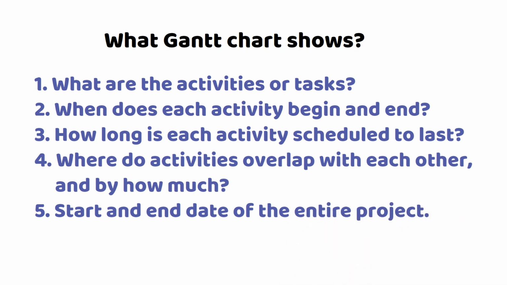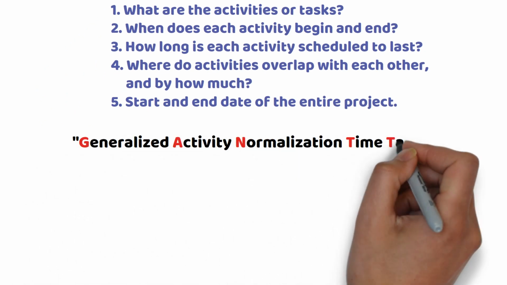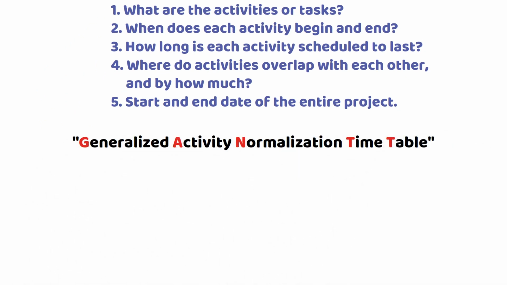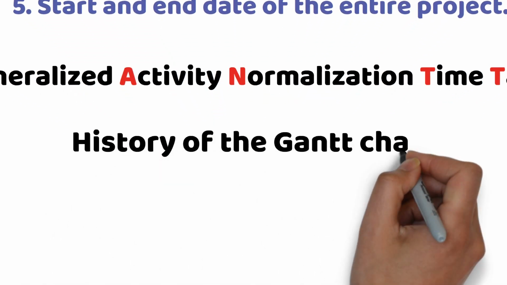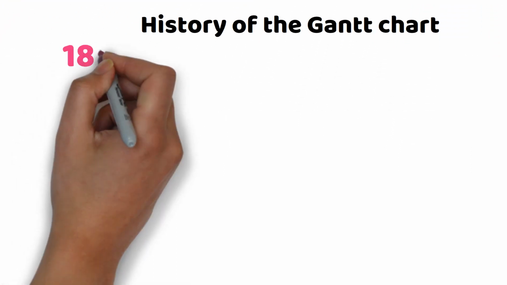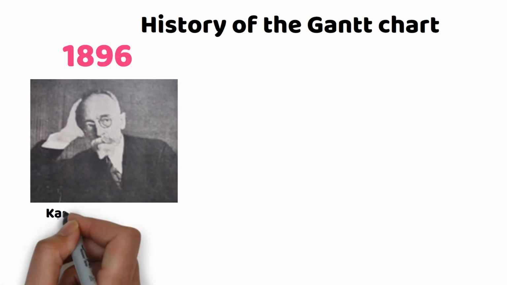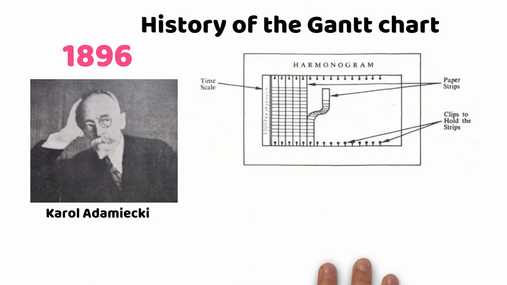Though the full form of Gantt is Generalized Activity Normalization Timetable, the name Gantt is based on a scientist's name. The history of the Gantt chart is quite interesting. In 1896, Polish engineer Karol Adamiecki developed a visual workflow chart called harmonogram.